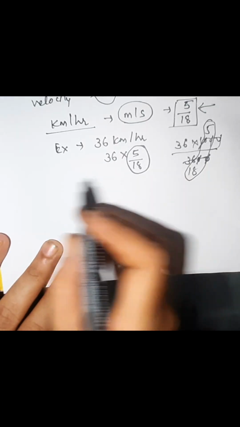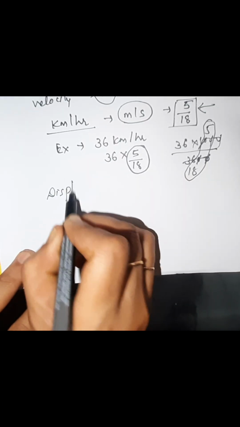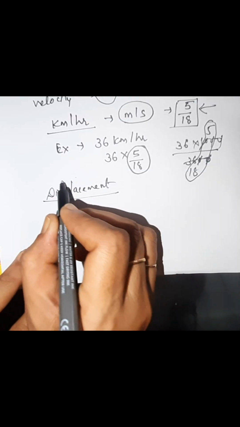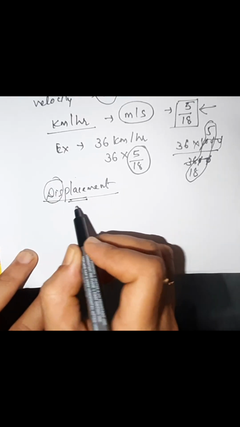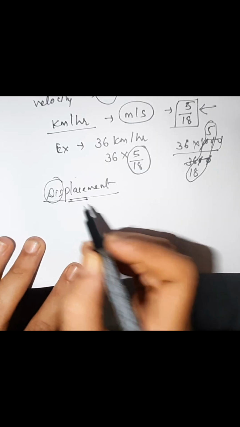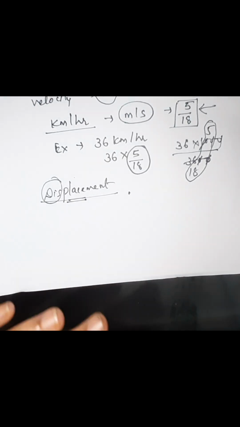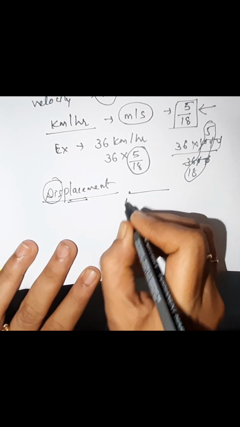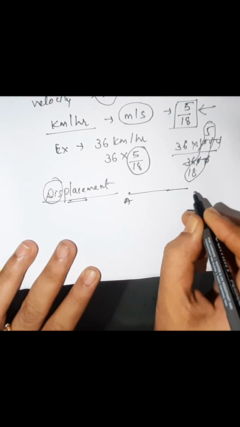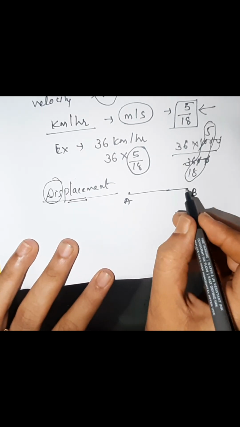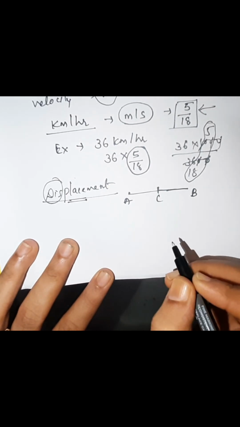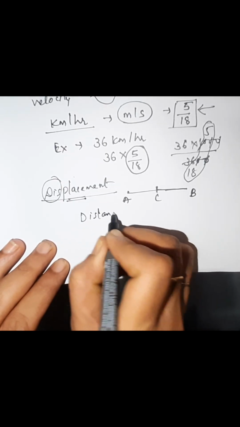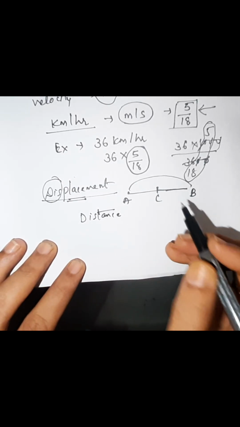Now after that, displacement. This is also a new topic for you. Very often we use this word displace, meaning how much the place got changed. Suppose an object started from position A, and after a certain interval it reached B and then it returned back to C. When we talk about distance, distance is the whole path which it covered.